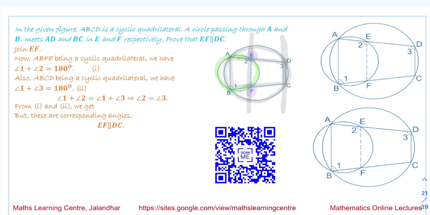We have named these angles as angle 1, angle 2 and angle 3. Now as ABCD is a cyclic quadrilateral, angle 1 plus angle 3 will be equal to 180 degrees. Similarly, BFEA is a cyclic quadrilateral, so the sum of angle 1 and angle 2 is also 180 degrees.